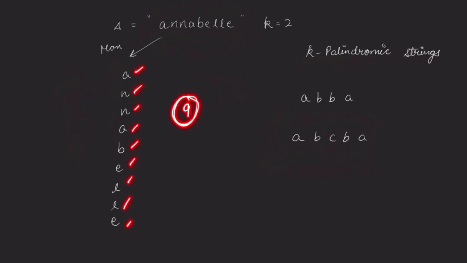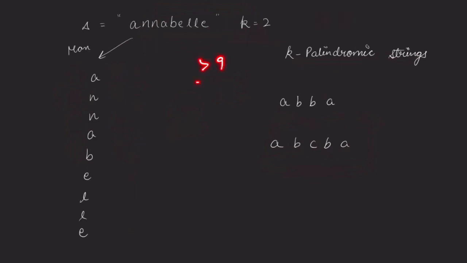So 9 is the maximum number of palindromic strings that I can create from string S. And this 9 is nothing but the length of the string S. So now if I ask you that your K is 10 or 11, basically something greater than 9, will you be able to create k palindromic strings? No, because you don't even have that many characters in your string S. So 9 was the maximum number of palindromic strings that you can get.